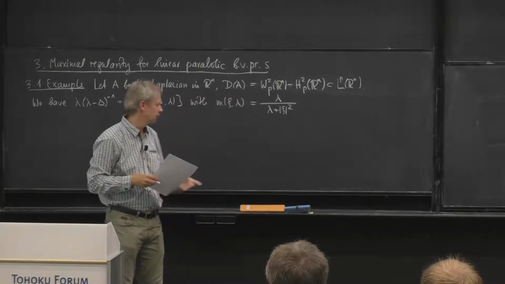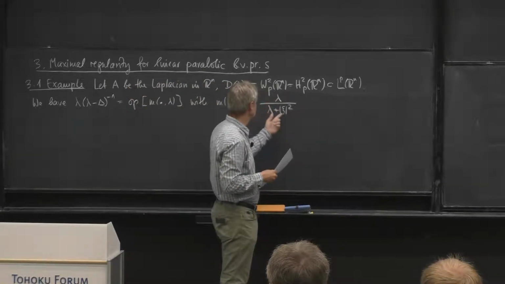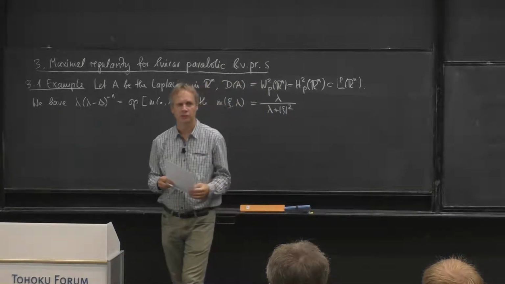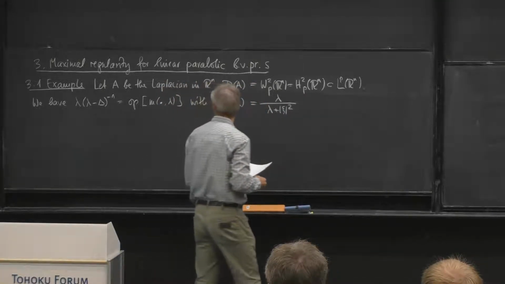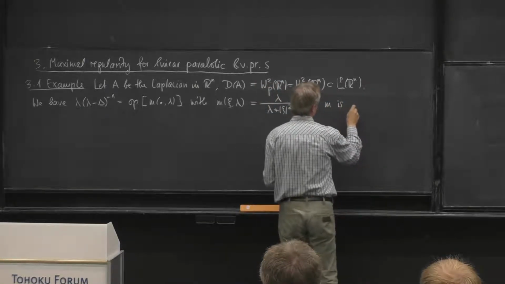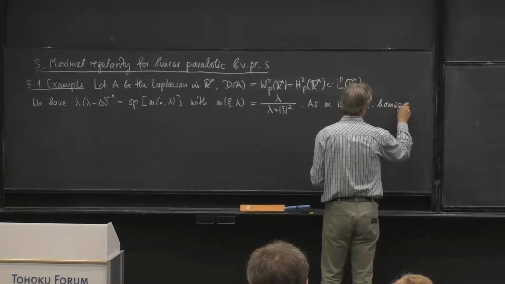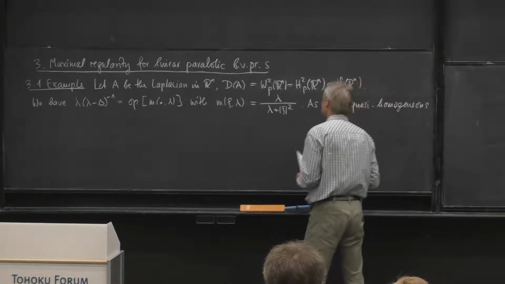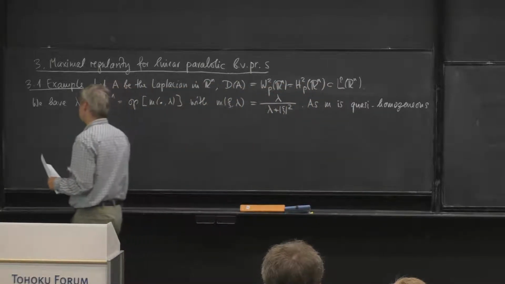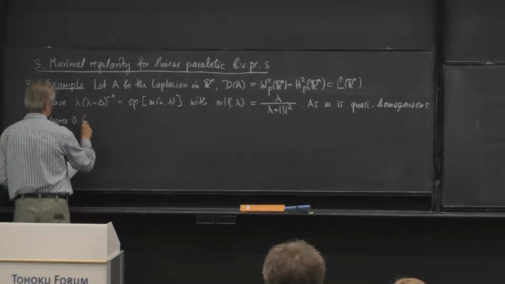Quasi-homogeneous, in the sense that if you take rho squared lambda and rho xi, then you get the same value. So this symbol m is quasi-homogeneous of degree 0 and weight 2.